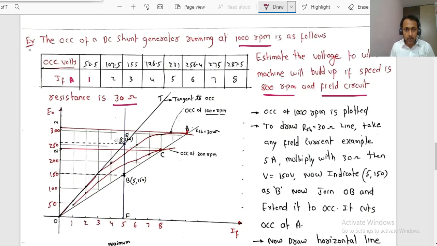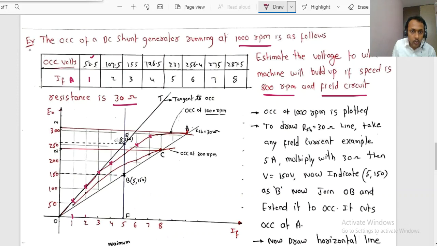The first thing you have to do is plot the OCC curve for different field currents: at 1 ampere, 52.5 volts, at 2 amperes, 107.5, and so on.